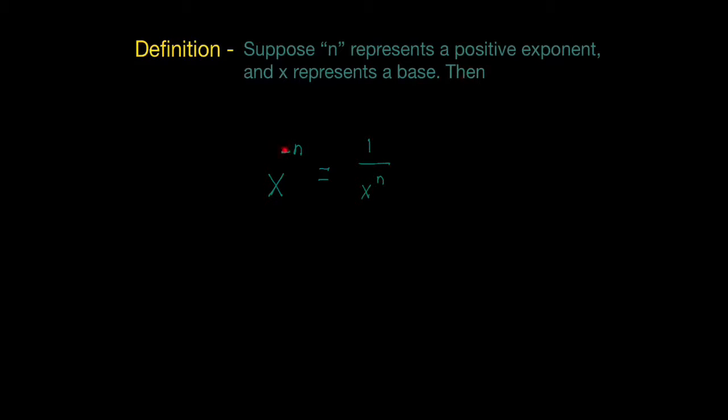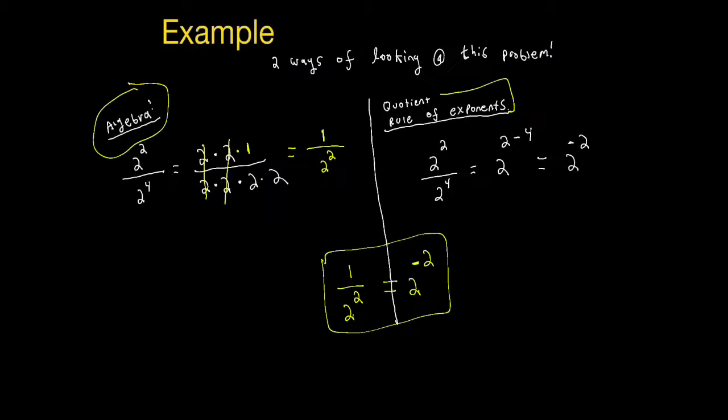Then, if we take the negative of that exponent, this is going to be equal to 1 over x being raised to the positive version of this exponent, which is what happened here in this problem. So here, 2 raised to the negative 2 was equal to 1 over 2 to the positive 2.